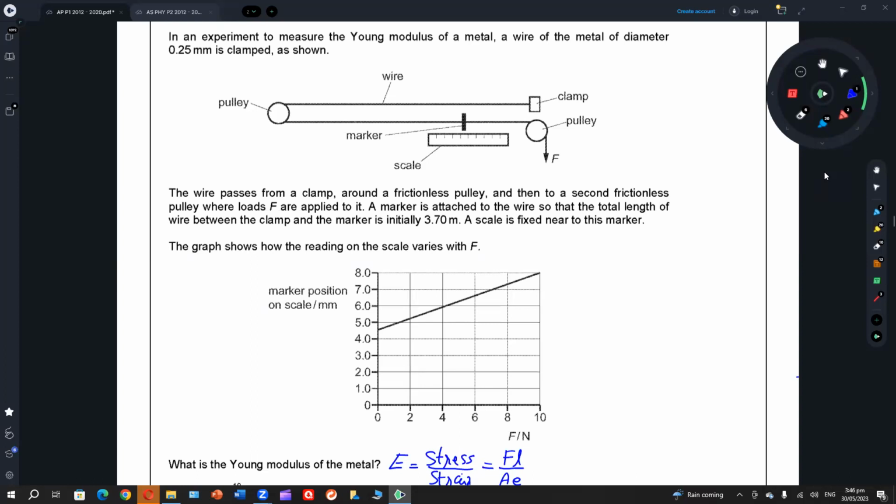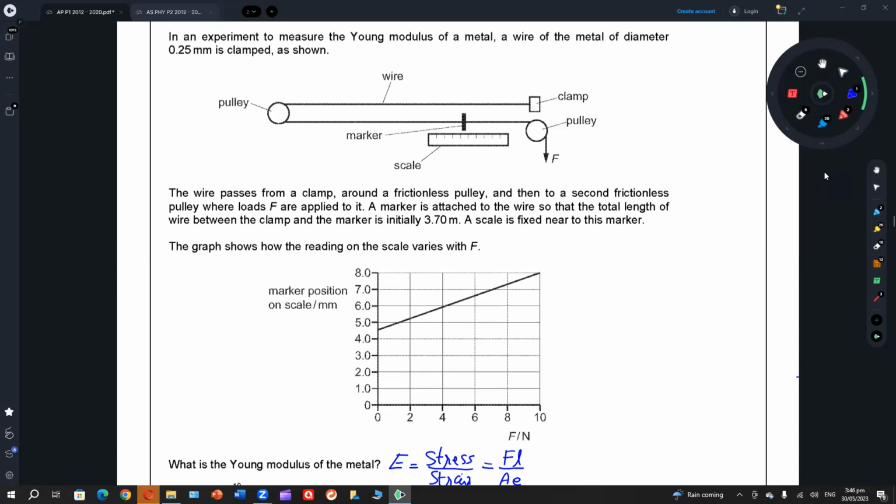So the wire passes from a clamp around a frictionless pulley and then to a second frictionless pulley where load F is applied to it. A marker is attached to the wire.